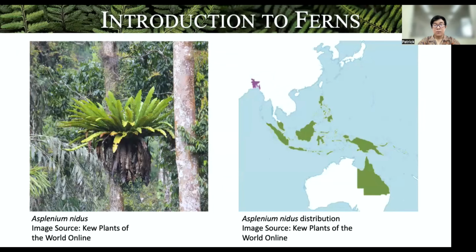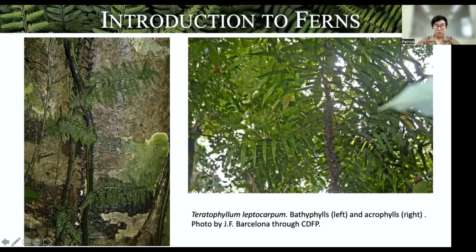In the tropics, as many as two-thirds of the ferns of an area may grow as epiphytes on the shaded lower trunks and branches or in the crowns of trees, such as the Asplenium nidus, which we jokingly call the omnifern because it can be found everywhere in the Philippines as a popular ornamental plant. But its distribution is only restricted to some Southeast Asian countries, New Guinea, and parts of Australia.